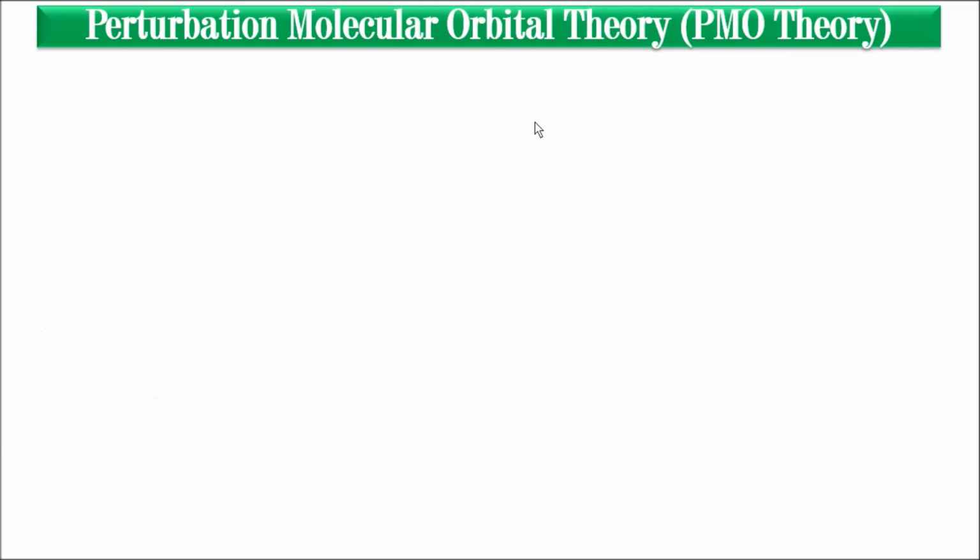Okay, so we already know that the perturbation molecular orbital theory works on the nature of the transition state. So what is the nature of the transition state? That means whether the transition state is aromatic or anti-aromatic. The classification we are going to discuss.